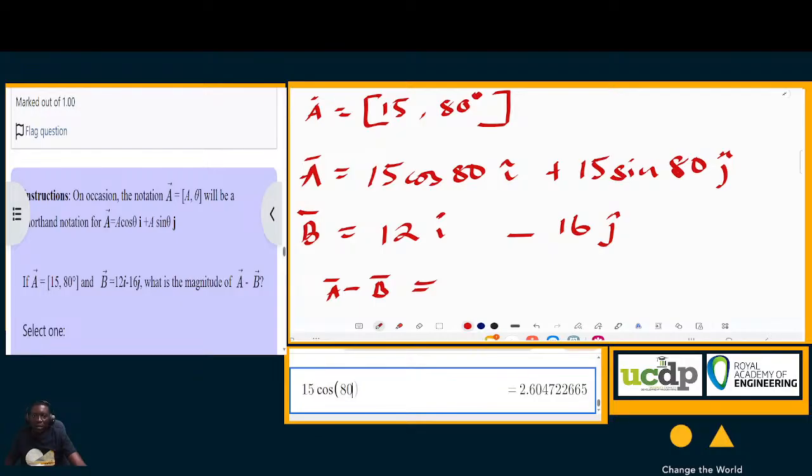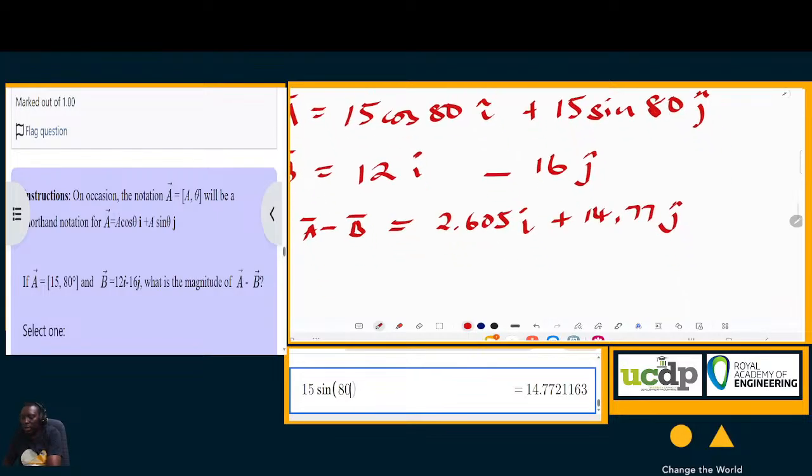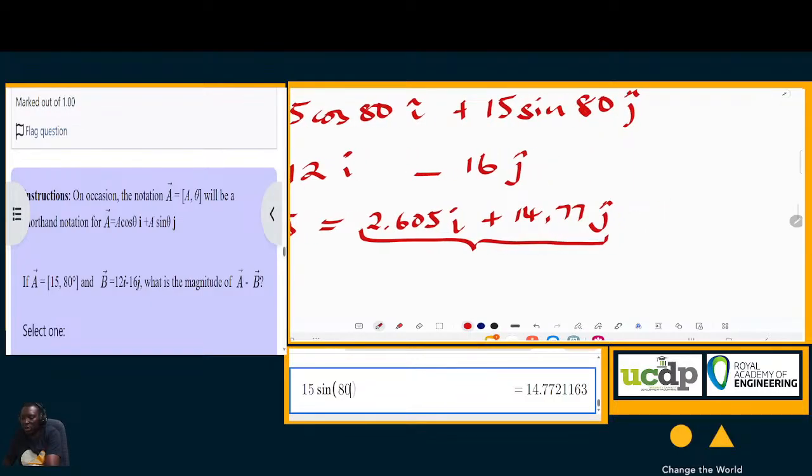I hope that's in degrees, 2.605. So we've got for A, 2.605 I, then 15 sine 80. Sine 80 is giving me 14.77. So that's plus 14.77 J. This is A, and we need to subtract B, which is minus 12I.